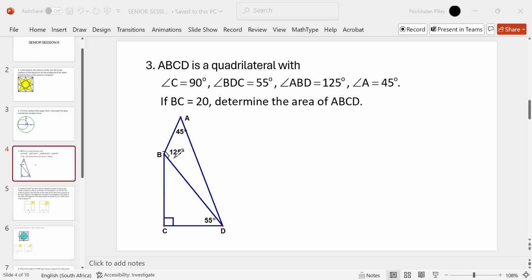You're asked to find the area of ABCD. Now that's quite a problem. Oh yes, it is also given that BC is 20. So I'm recording it on the picture. Only one number is given, and you're asked to calculate the area.